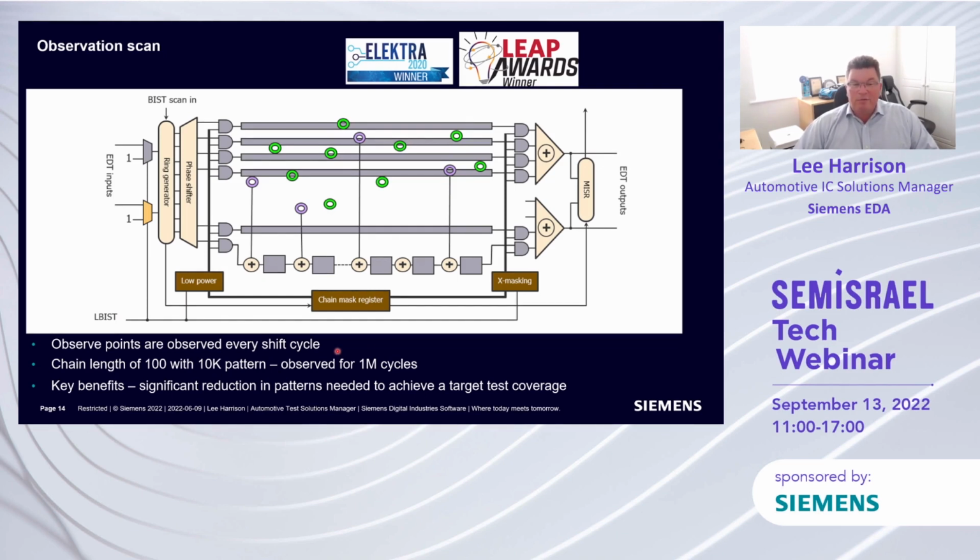Normally, those cycles are essentially just wasted cycles as the pattern is loaded. But with observation scan, we add these observation points, which enables us to accumulate coverage throughout the shifting of those test patterns.